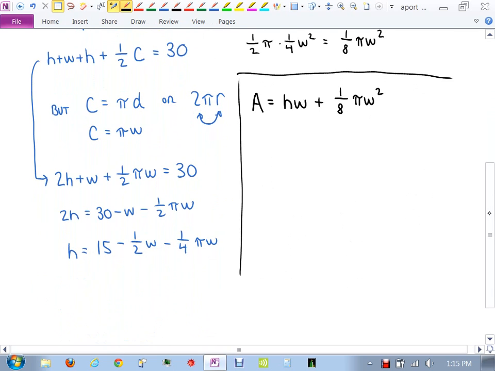And all I'm going to do now is replace H with 15 minus 1/2 W minus 1/4 pi W. So the area now should all be in terms of W. So I'm going to write A of W equals H, which is 15 minus 1/2 W minus 1/4 pi W, all of that times W, plus 1/8 pi W squared.